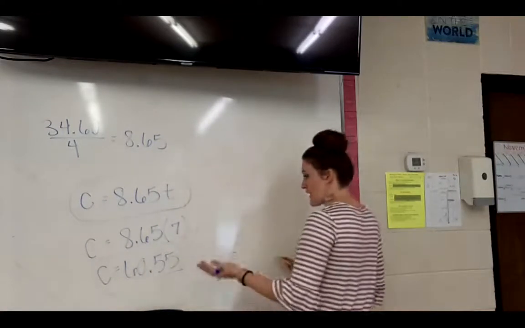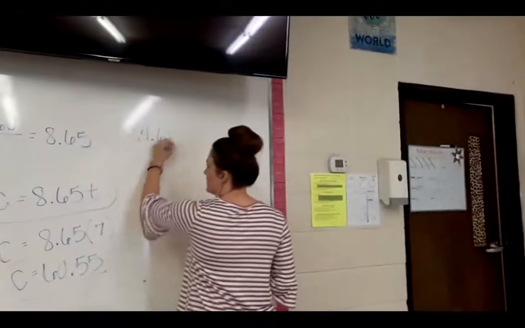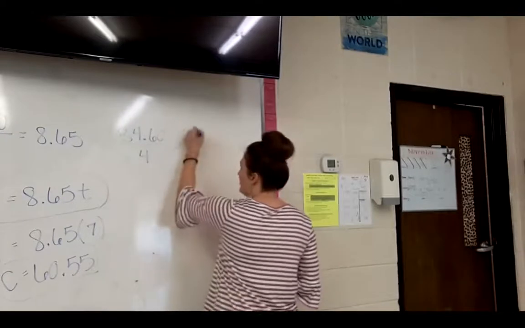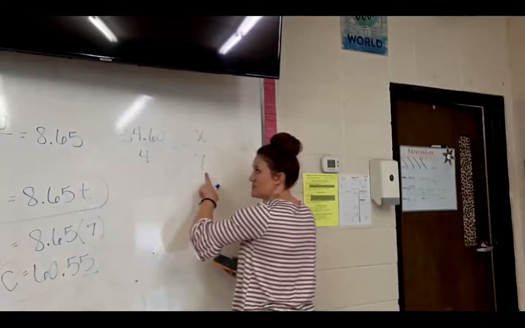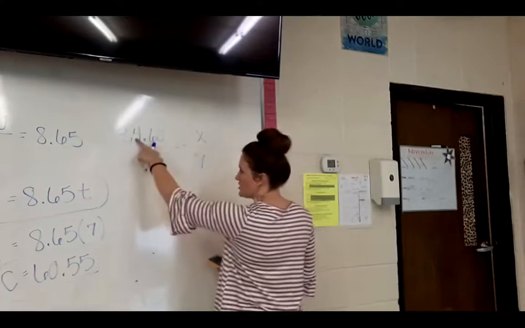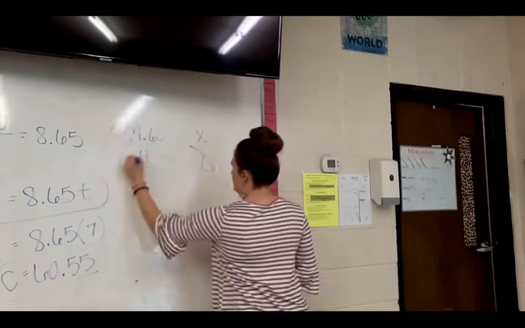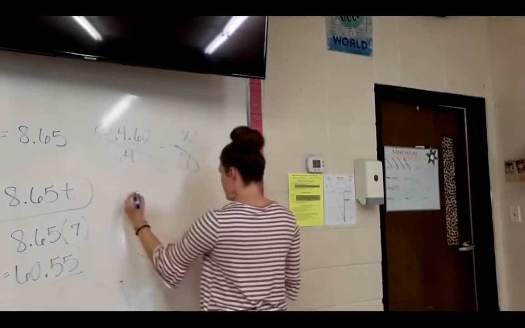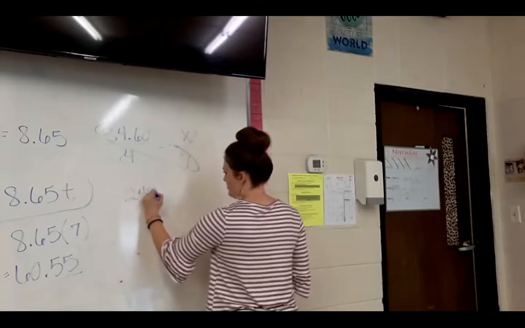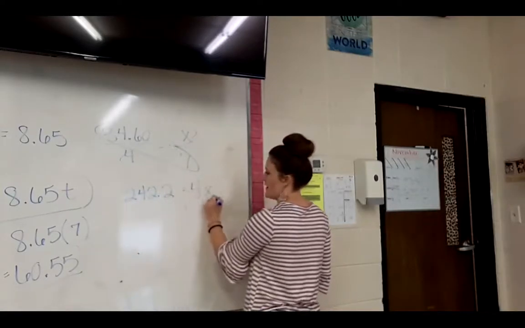Now, if we wanted to set up a proportion to double check, we still have $34.60 over 4 equals how much for 7 tickets? Because I have tickets on bottom, tickets stay on bottom. Had cost on top, cost will stay on top. We cross multiply. $34.60 times 7 is $242.20, equals 4x.